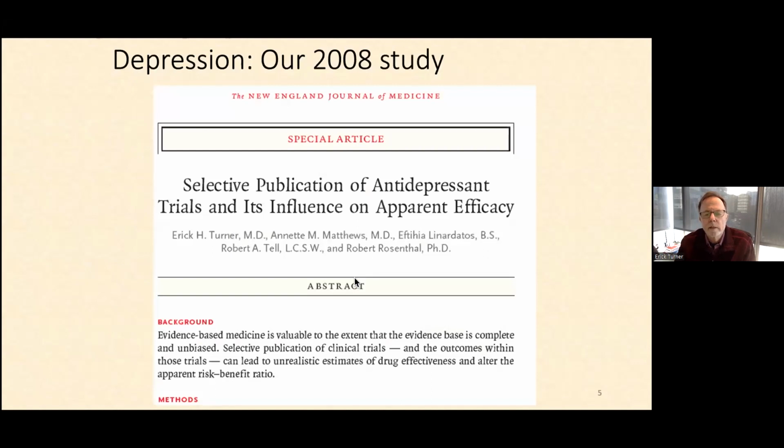So here's a recap of our study that we published in 2008 in the New England Journal of Medicine. Some of you, perhaps many of you, will have heard this before, so forgive the recap.